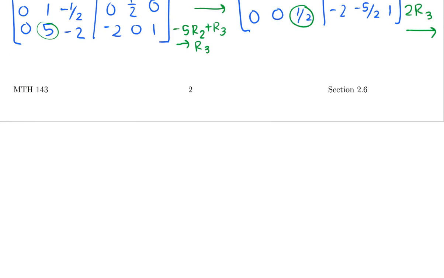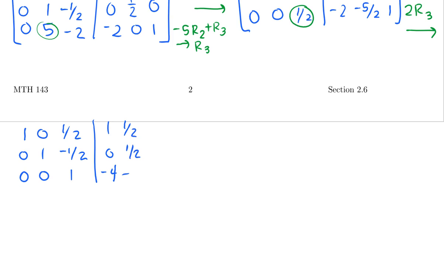We'll end up with 1, 0, 0, 0, 1, 0, 1/2, negative 1/2, 1, vertical bar, 1, 0, negative 4, 1/2, 1/2, negative 5, 0, 0, 2.